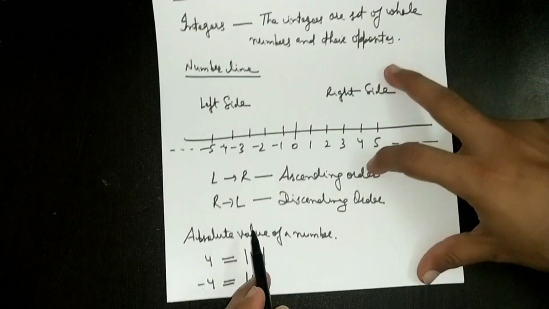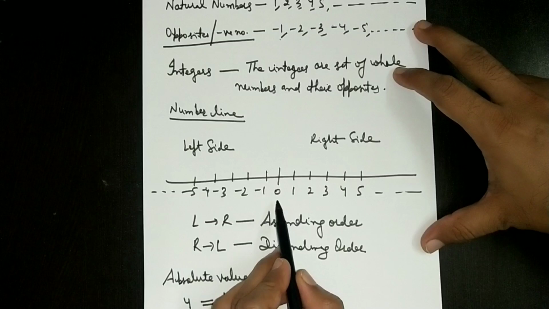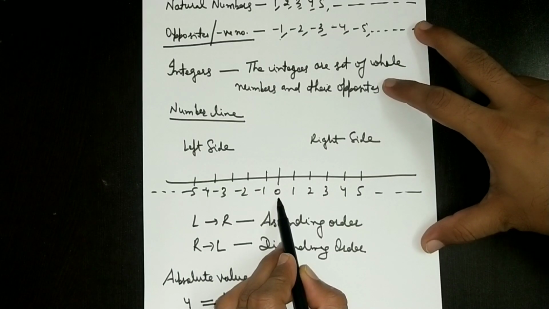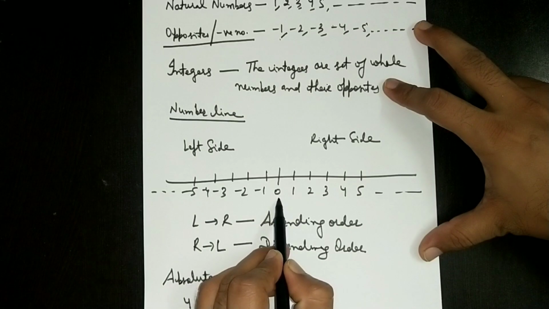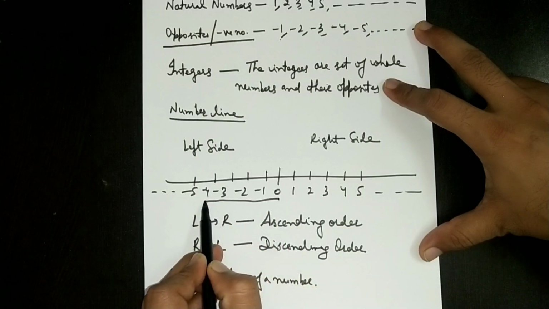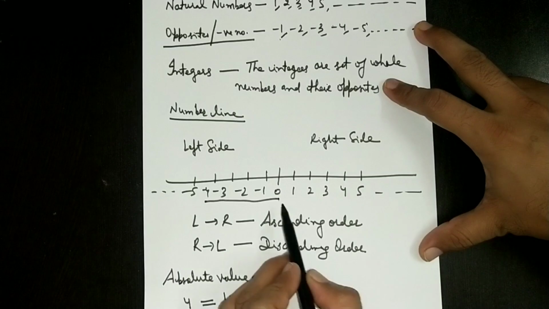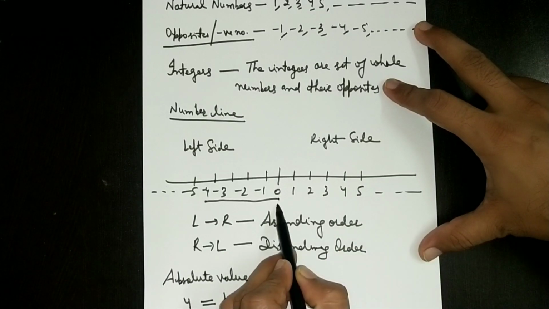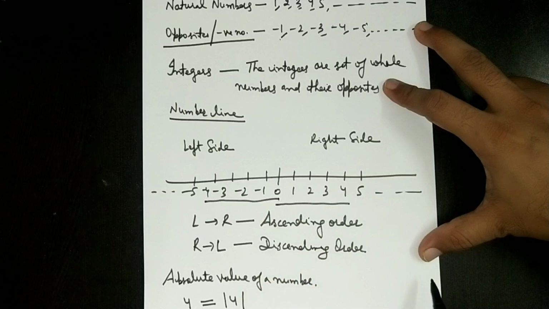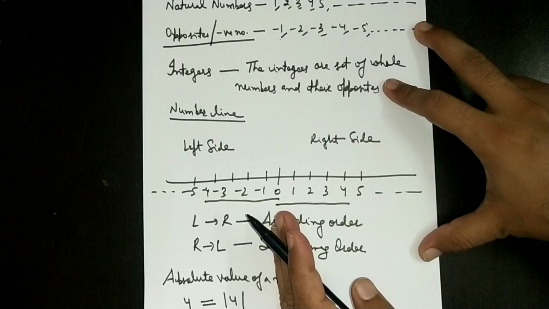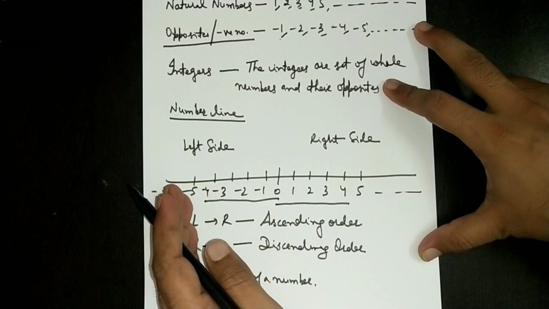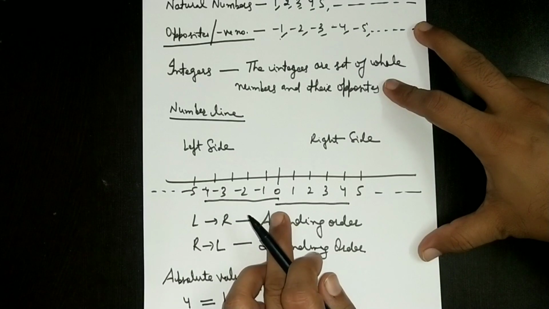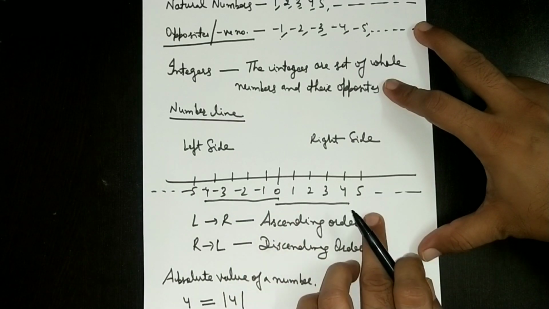Distance from 0. See, from 0, if we have to take the distance to minus 4, this is your distance from 0 to minus 4. And from 0 to 4, this is your distance. So if you have to go to minus 4 from 0, you have to cover the same distance that you have to cover when you are going from 0 to 4.